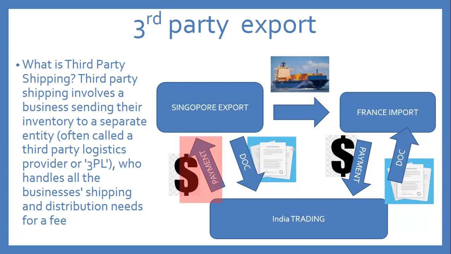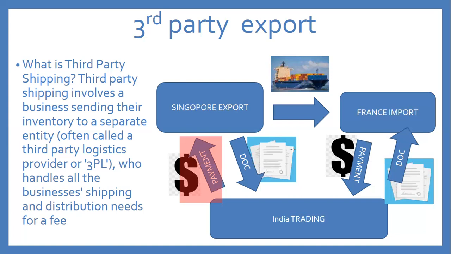In this case, what will happen? The documents are totally changed, and the details of the Singapore exporter are updated as the exporter of India. So the Singapore detail is hidden in the documents, and we will mention ourselves as exporter from India. This document needs to be submitted to the bank, and the France importer will receive the document.